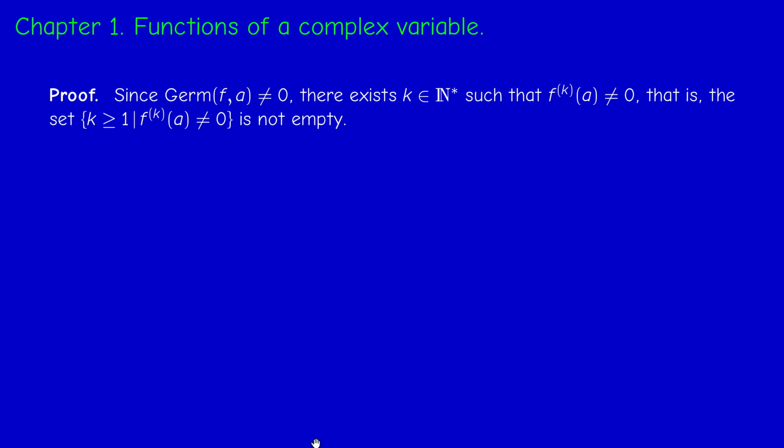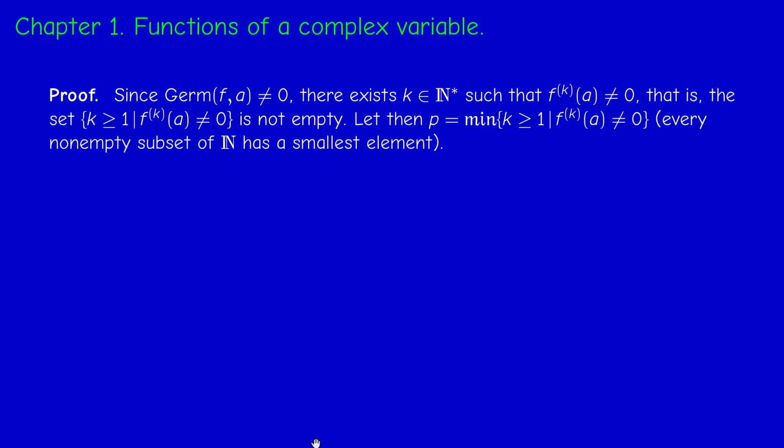And so we take the smallest element of this set. We call it p. Of course it exists because every subset of the natural integers has a smallest element. So p is the first rank at which the derivative does not vanish at A.